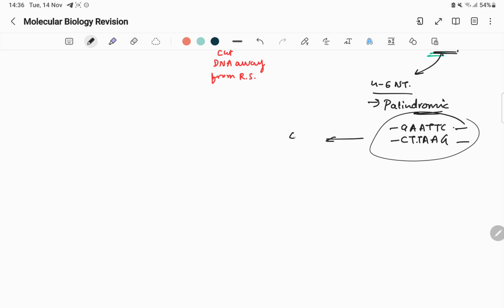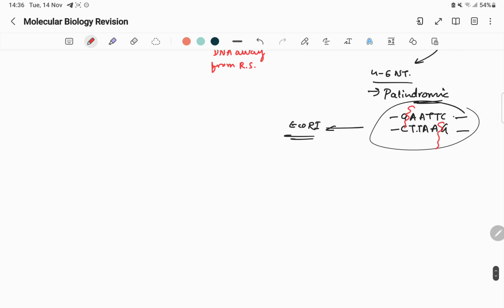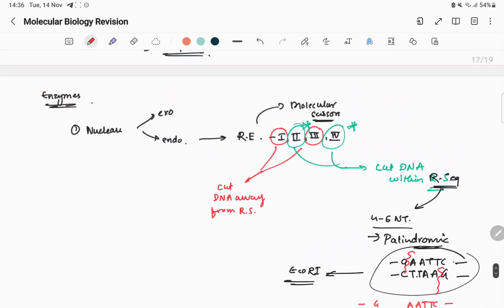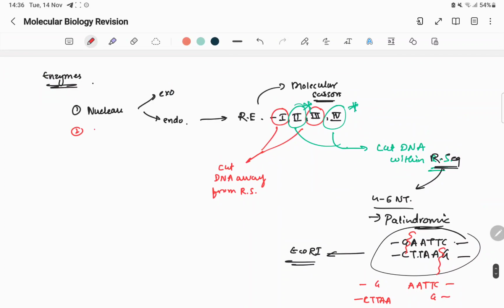This is the sequence for EcoR1 action. EcoR1 cuts the sequence at this part and this part, so that sticky ends are generated, like AATTC and CTTAAG. Then we use DNA ligase, which acts as a molecular glue, but it requires energy for its action.